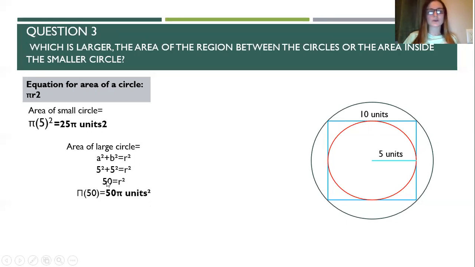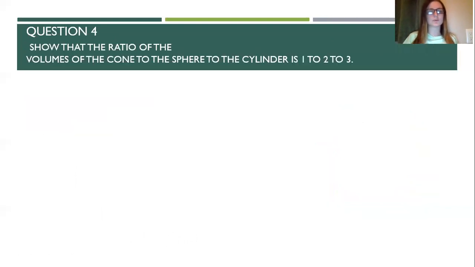So 50 equals r squared, and our answer would be 50 pi units squared. So then we do 50 pi minus 25 pi, which is equal to 25 pi. So as you see, the area of the smaller circle and the region between the circles are actually the same. They are not larger or smaller than each other. Let's go to number 4.